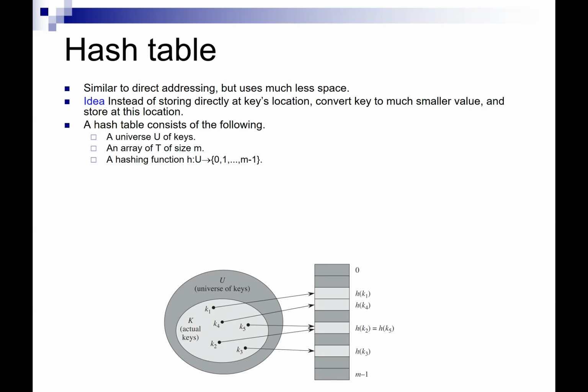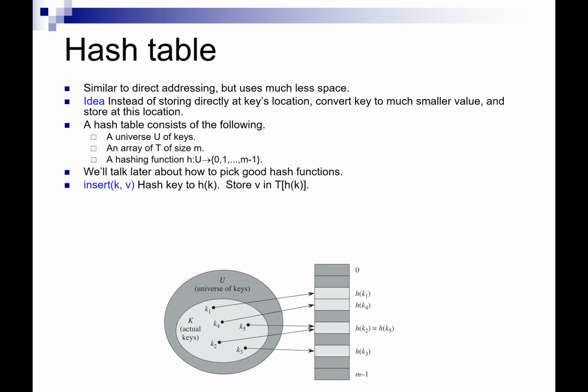Let's call the array T, and let's say that this array has size M. And then we also have a hash function H, which is going to take a key and map it to one of the locations in the hash table. Since the hash table only has size M, it's going to map it to a value between 0 and M minus 1. Any key gets converted to one of those values.